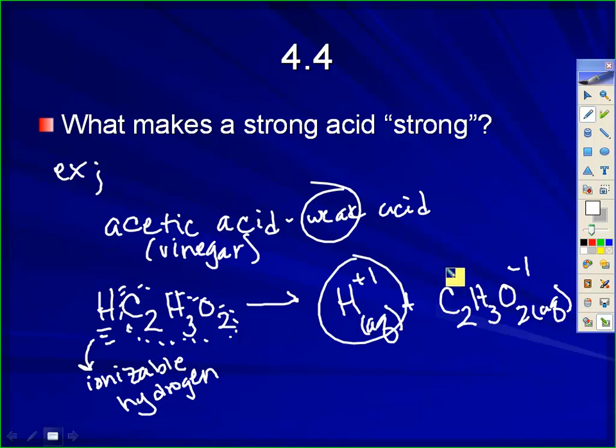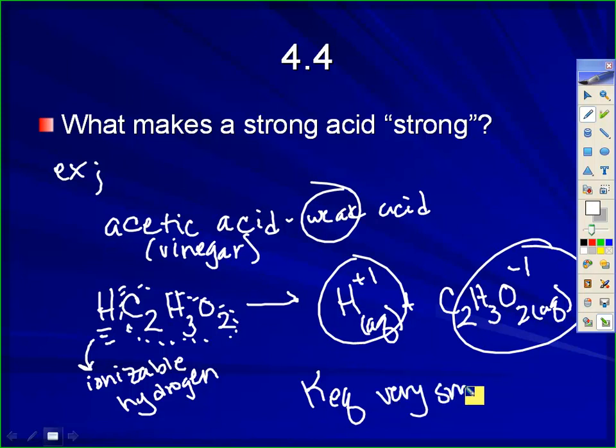So the number of ions in solution is very small. You might say at equilibrium, Keq would be very small because you wouldn't have very many ions in solution for a weak acid. But you could be starting with a 16 molar acetic acid solution, so it could be very concentrated. That means you would have more ions in solution, but still, compared to the entire molecule, the number of ions in solution is going to be very small.